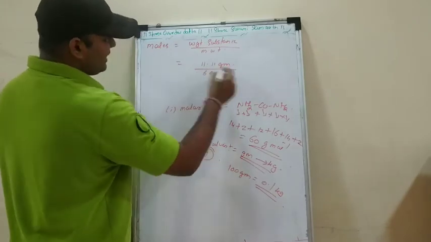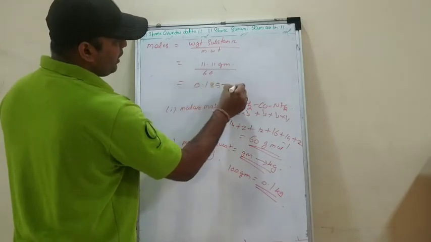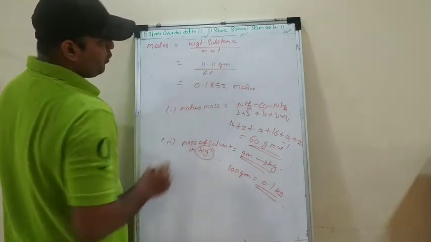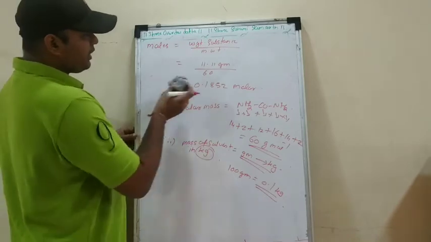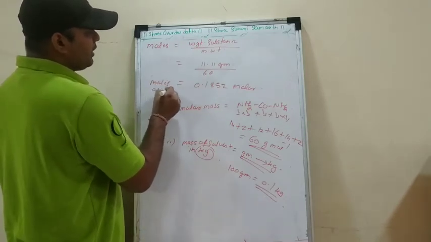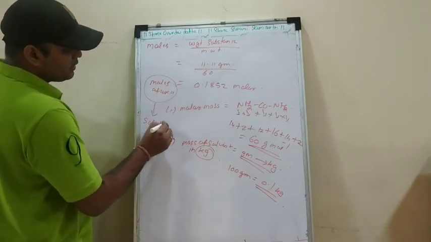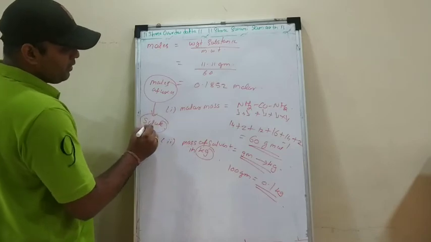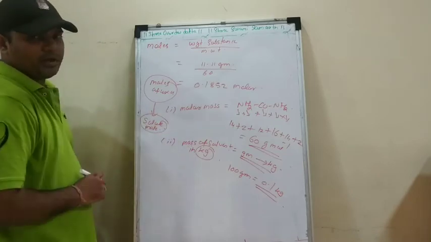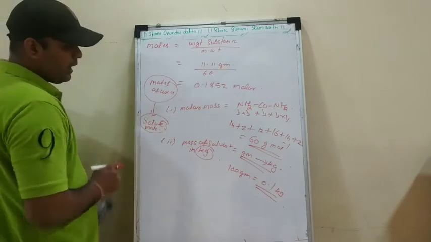So in this case it will be something like 0.1852 mole, right? So here we got the moles of urea. Now what is the urea in this case? Urea is nothing but the solute particle. So it will be the total number of moles of solute. Are you understanding? Moles of urea is nothing but the moles of solute, right?